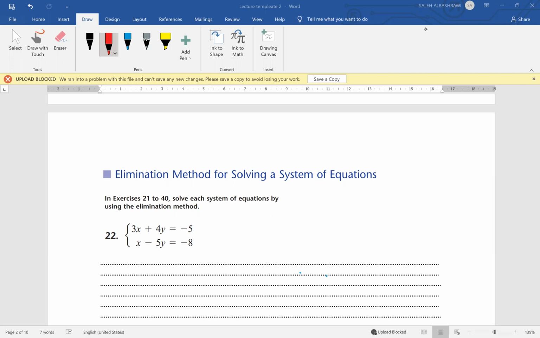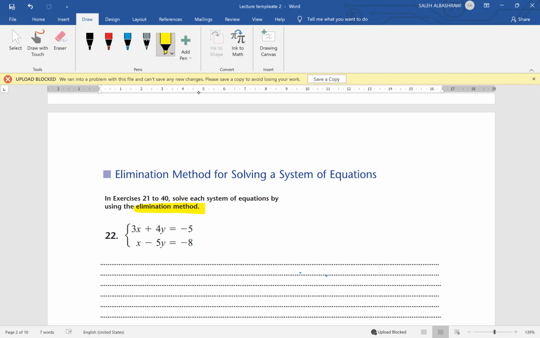In this example, we need to solve the system of equations by using the elimination method. Let's see what we mean by the elimination method. The elimination method means that we are going to eliminate one of the variables, either x or y.